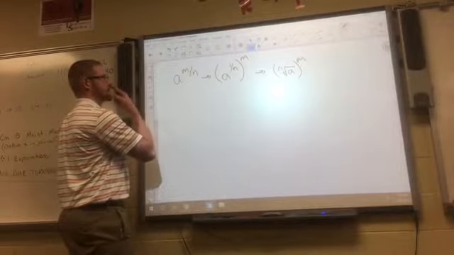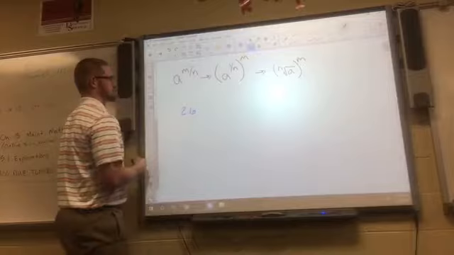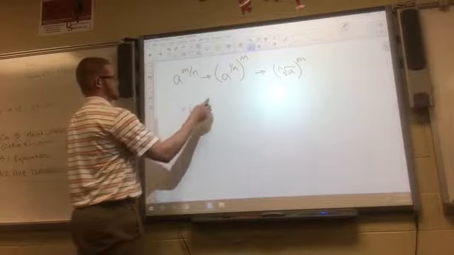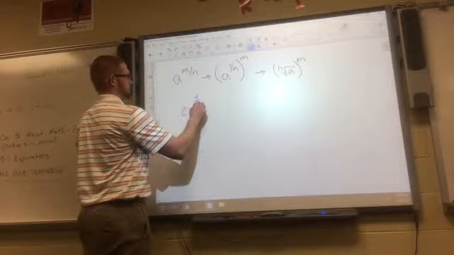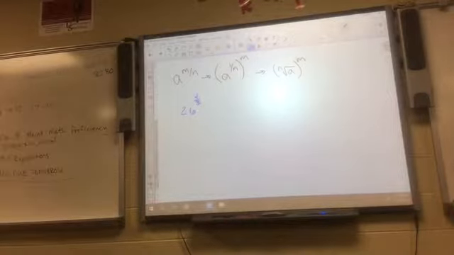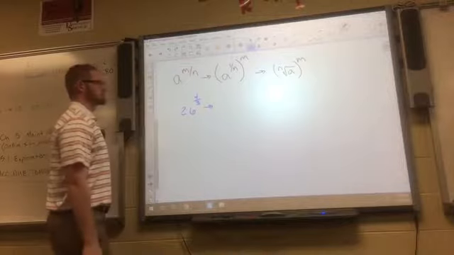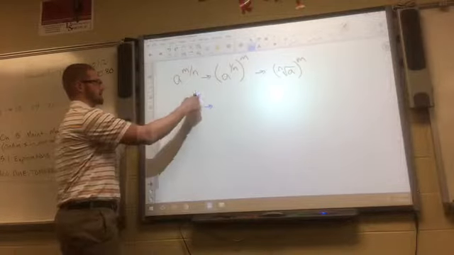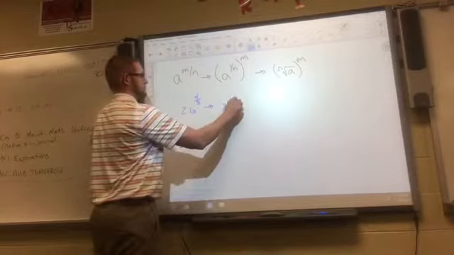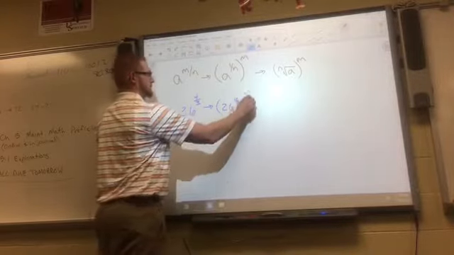Now, let's just do an example here. Let's say I have 26, which is not going to be a perfect cube or anything, to the 4/3 power. All I want to do is change it into radical form. So I want to change it from a rational exponent into a radical. What's my first step? Make that 4 into a 1. So I have 26 to the 1/3 to the 4th power.